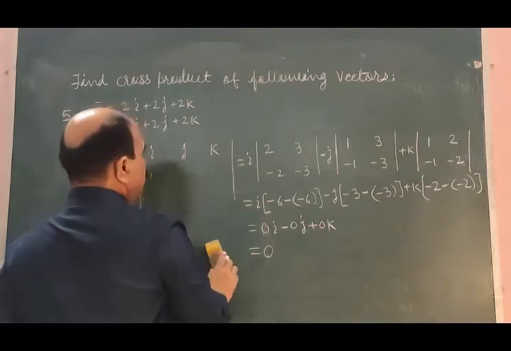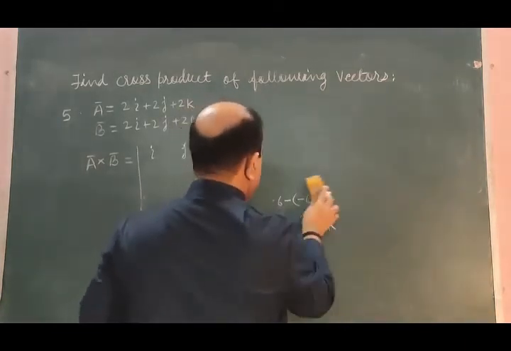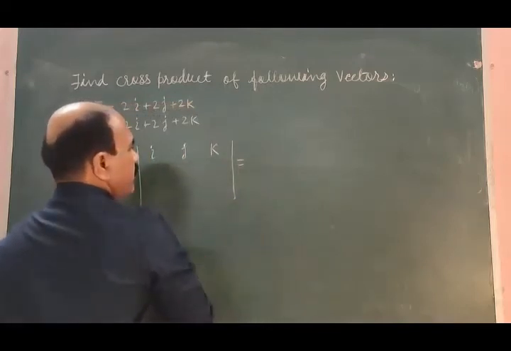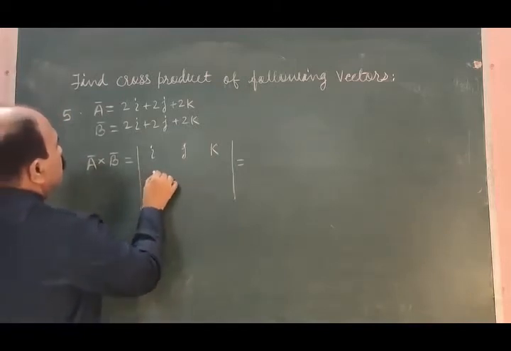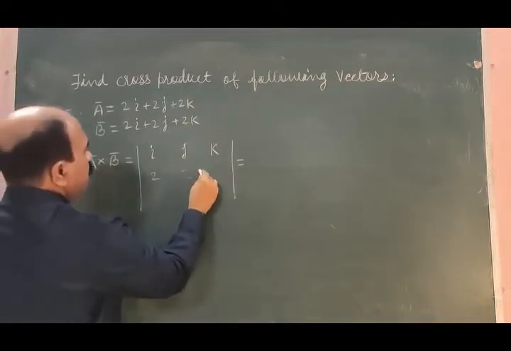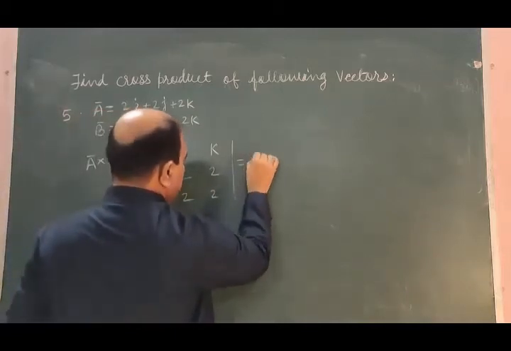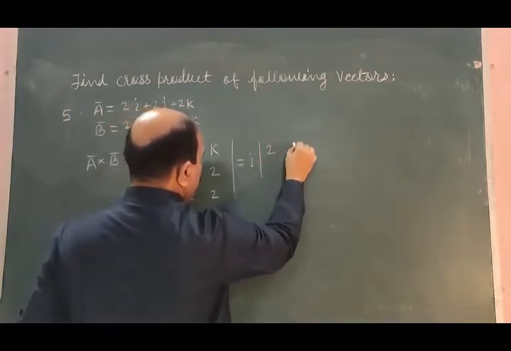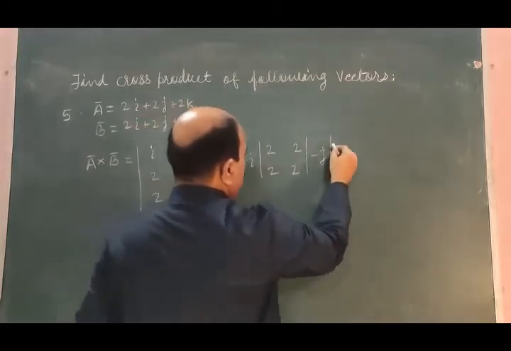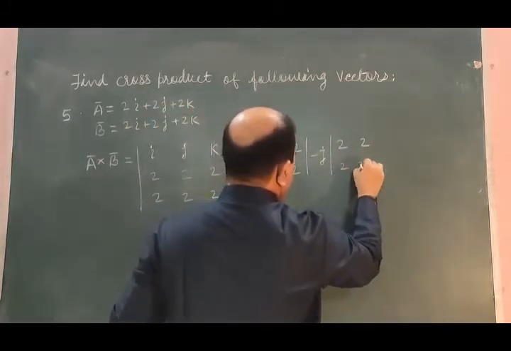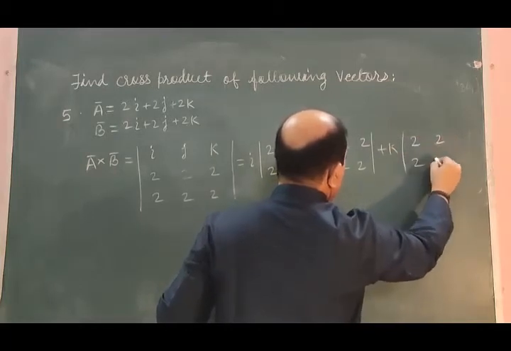And so the cross product of these vectors is: 2, 2, 2, 2, 2, 2. i into 2, 2, 2, 2, minus j into 2, 2, 2, 2, plus k into 2, 2, 2, 2.